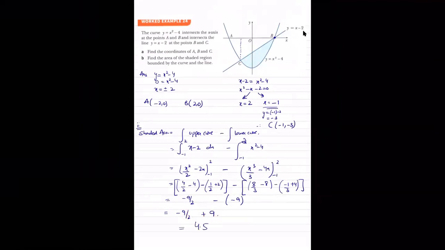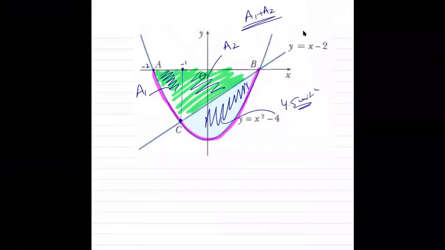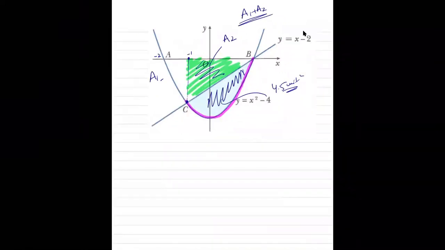Okay, 4.5. If this method seems to be confusing, we can do this as well. Let's try to integrate x square minus 4 from minus 1 to 2.